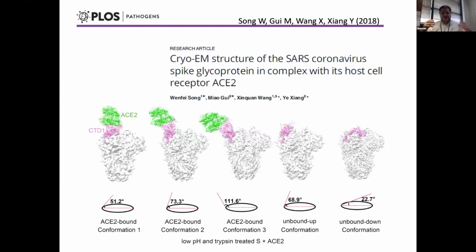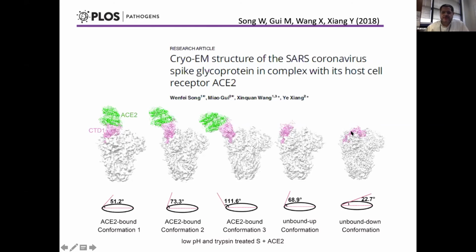The structure of this spike trimer is almost the same between SARS-1 and SARS-2, so I'm showing the one from SARS-1 here, just to drive the points. What you see in gray is the trimer itself, the spike.